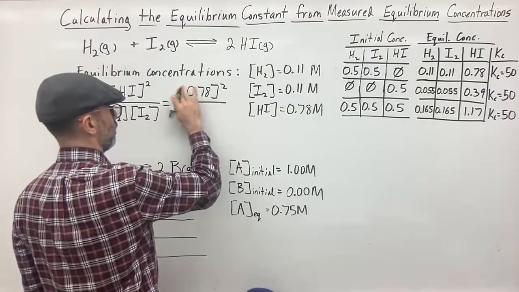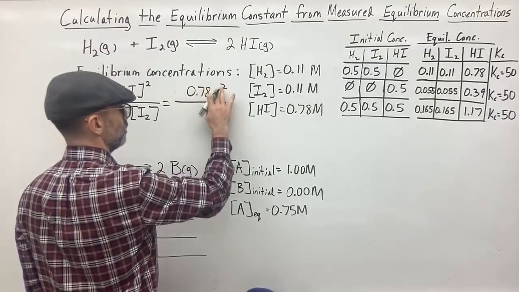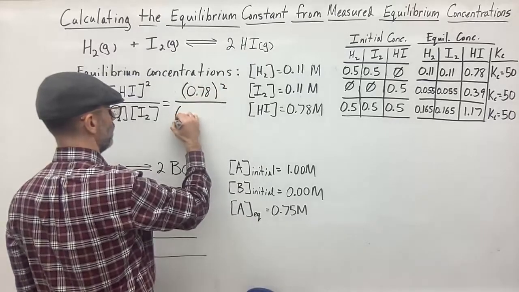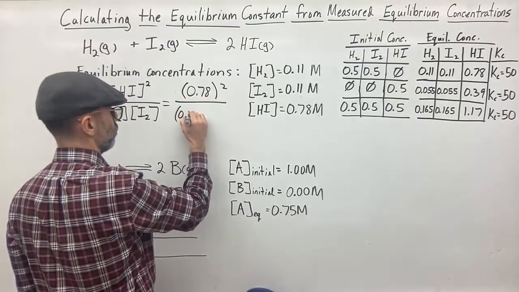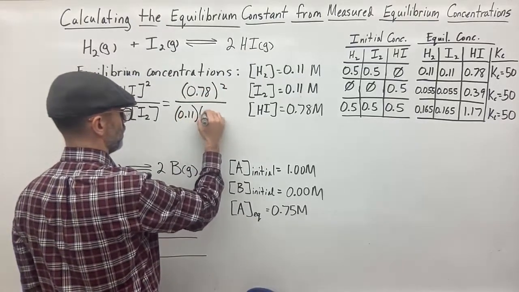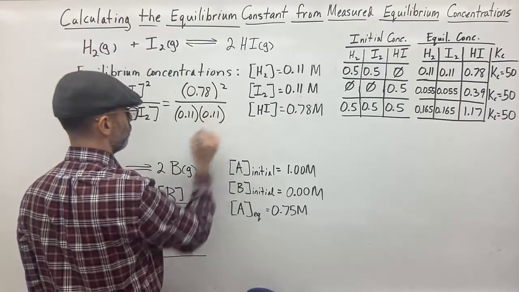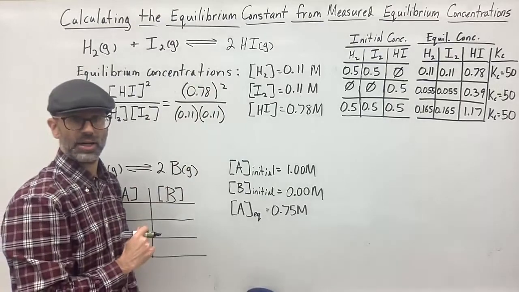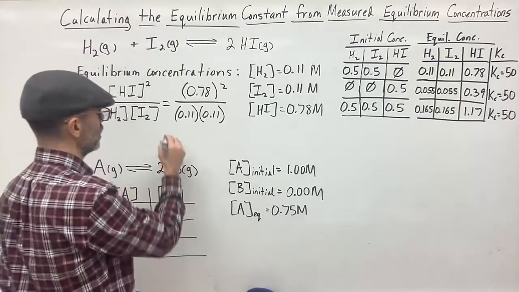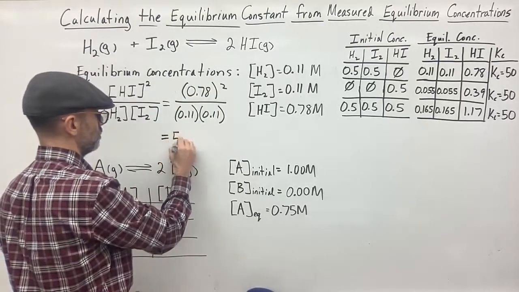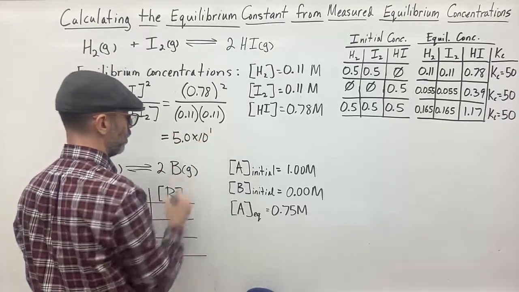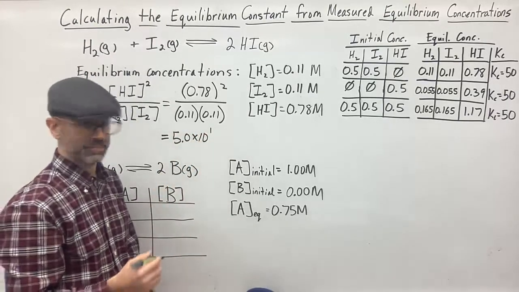I don't know why I have that as square brackets, so it would be like that. Then we plug and chug into the calculator, and the answer becomes 5.0 times 10 to the 1, or 50.